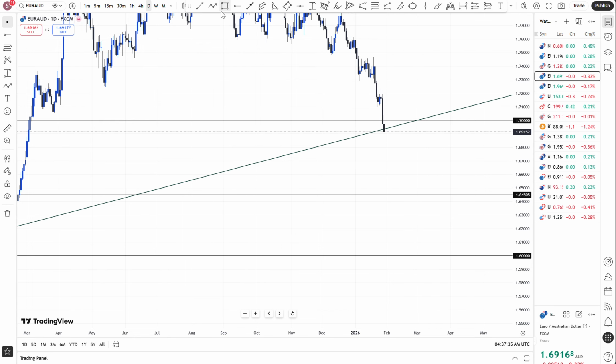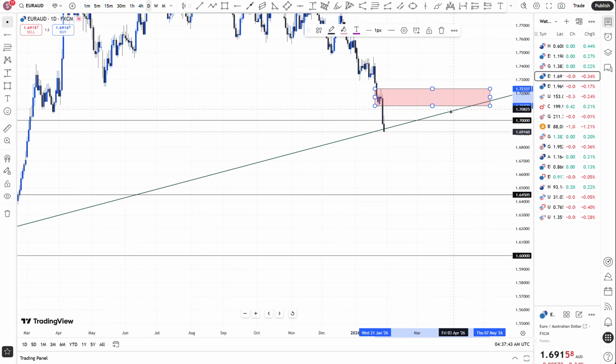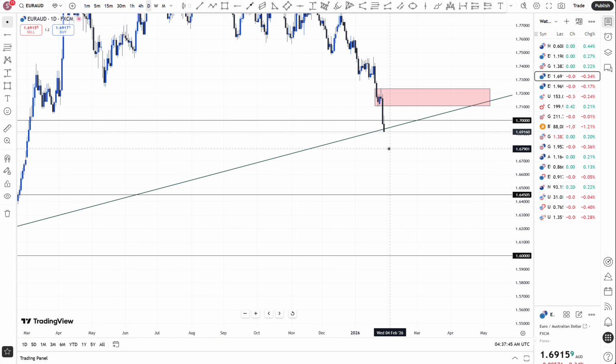So from this time frame, you could see some level over here, which looks like an order block. And what are we seeing over here? We are seeing a fair value gap, a gap which has not been tested.